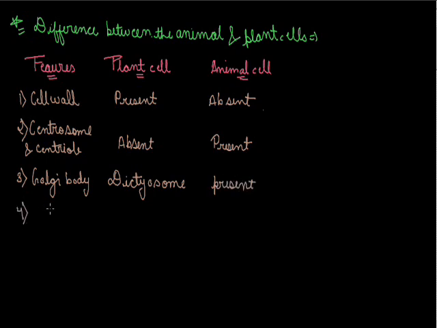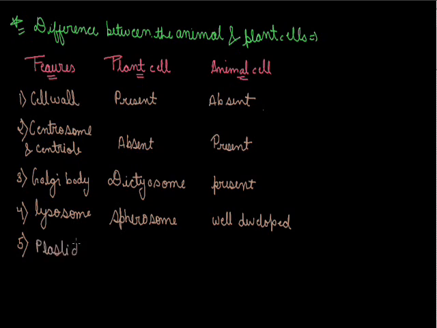Then fourth is the lysosome. Lysosomes in plant cells are replaced by the spherosome, while in animal cells, lysosomes are well developed. The fifth point is plastids.